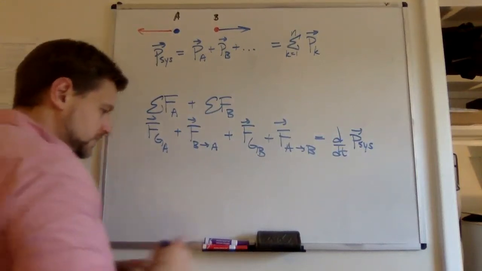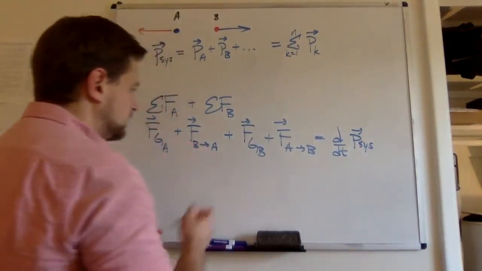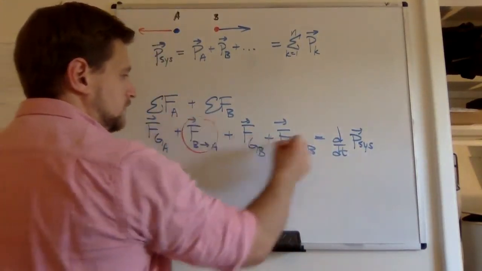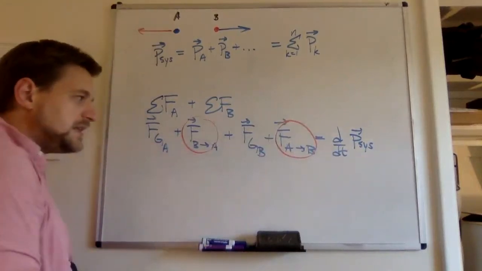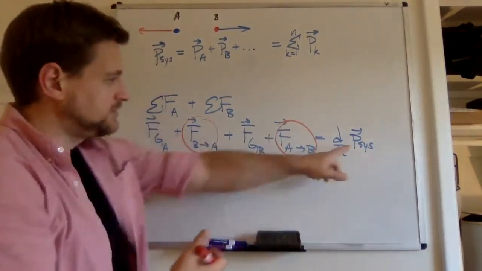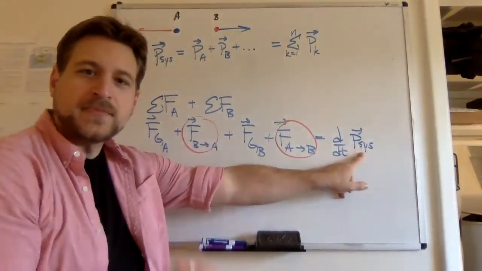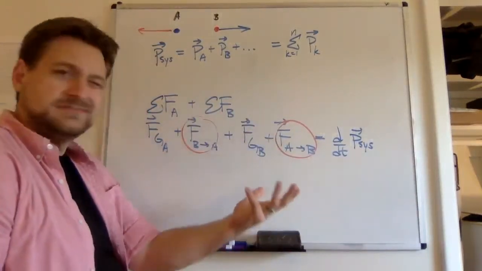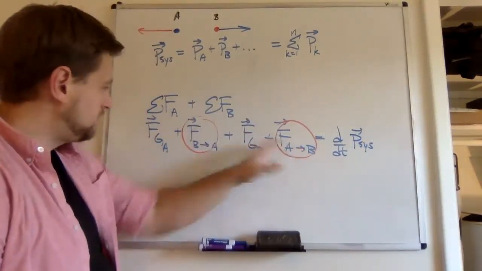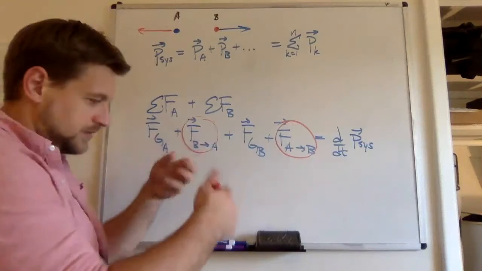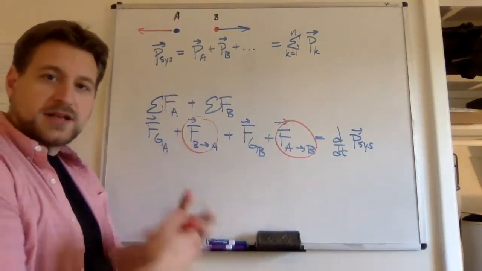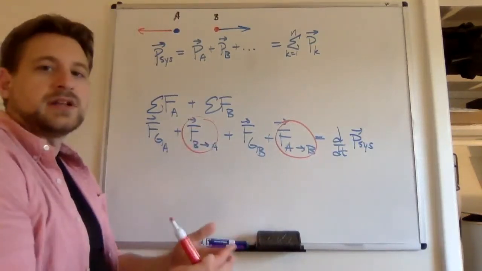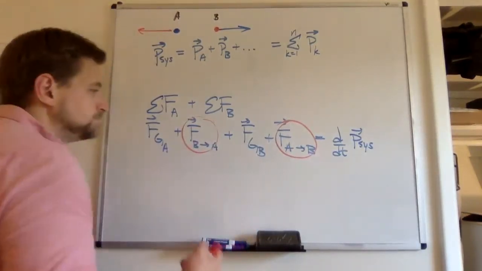We can sort of remove these because they are internal to the system that we're talking about. Newton's third law is going to ensure that these are equal and opposite, and they're within the constituents of the system. We know that they're equal and opposite because it's one acting on each other.